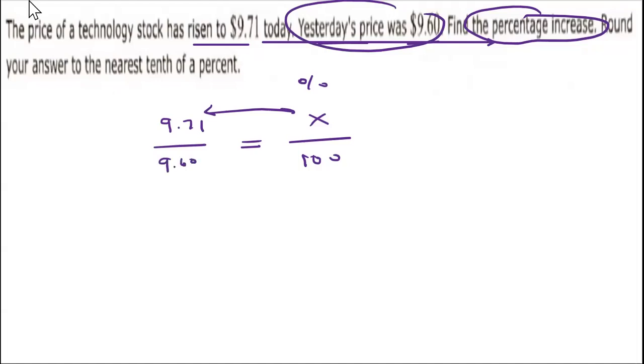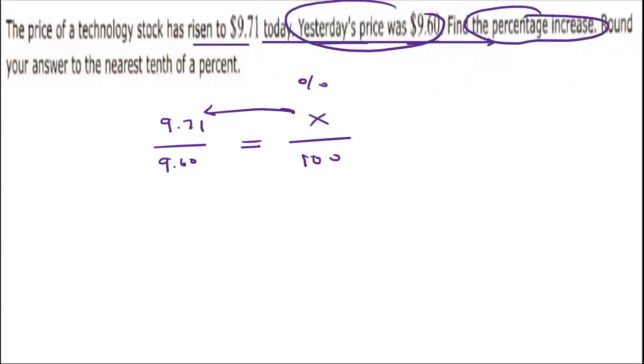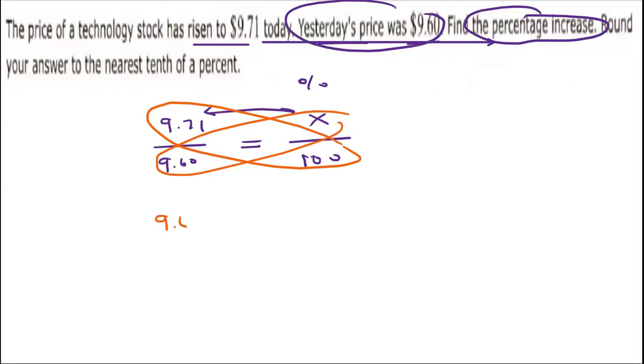So again, we just cross multiply and divide here. Multiply these two and then multiply these two. So we have $9.60x equals 100 times $9.71. Divide both sides by 9.60.